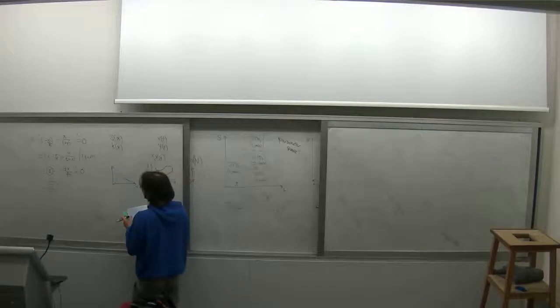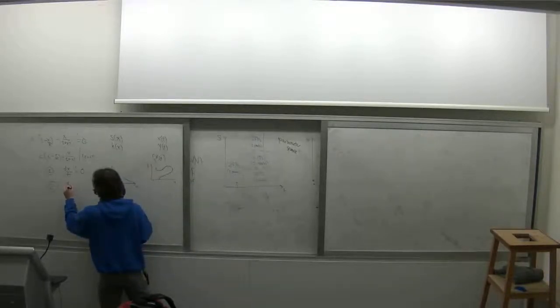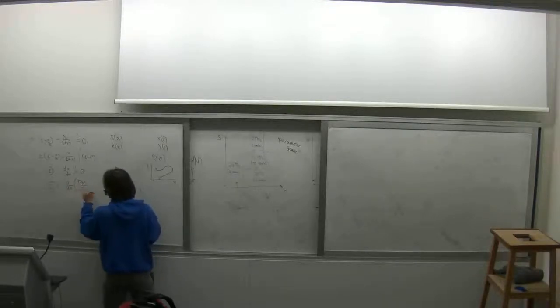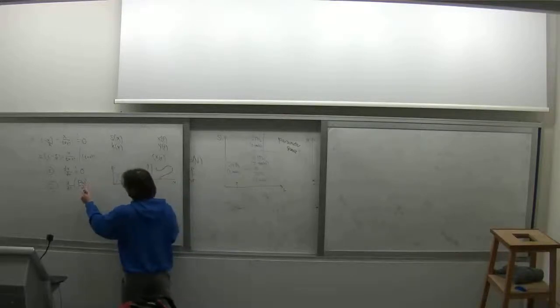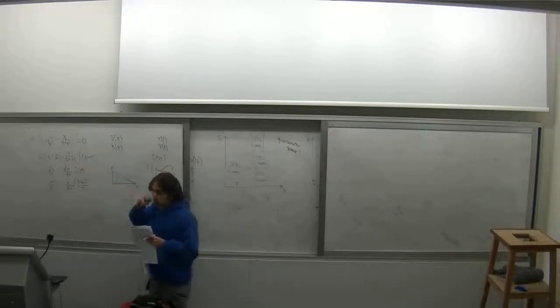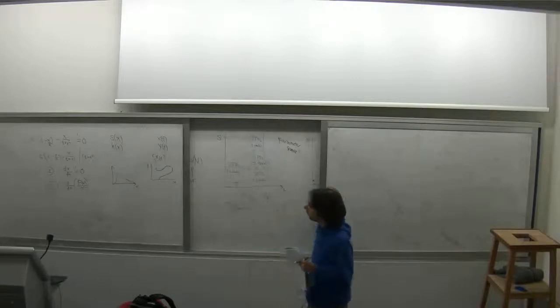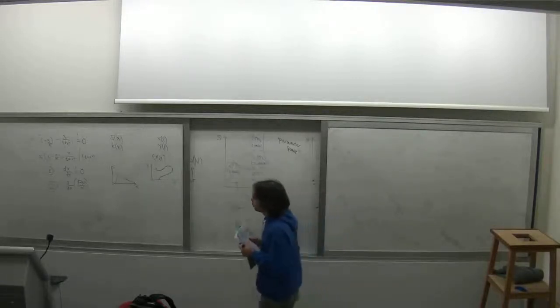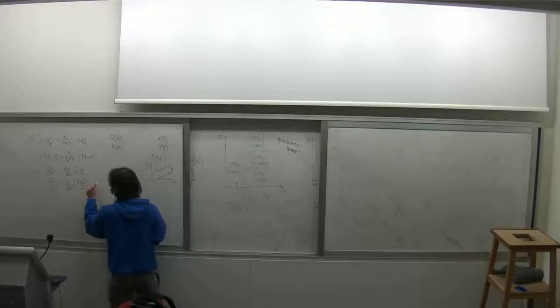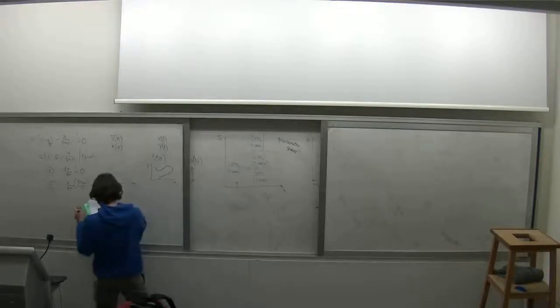So I will write d over dx of p of x over x. If you remember, we divided the original equation by x, and this is how we eliminated one order from the equation. This is equal to d over dx of g.